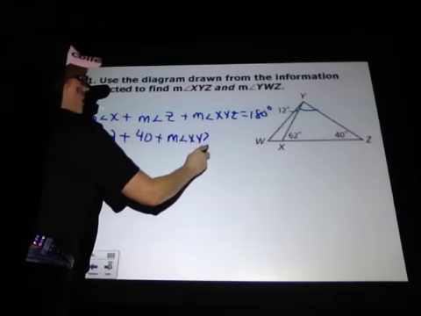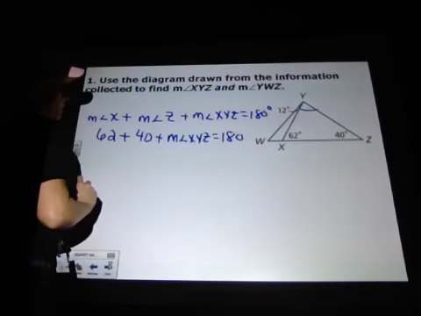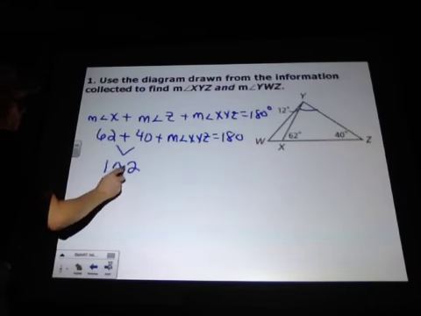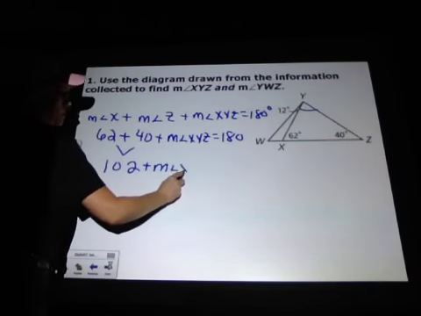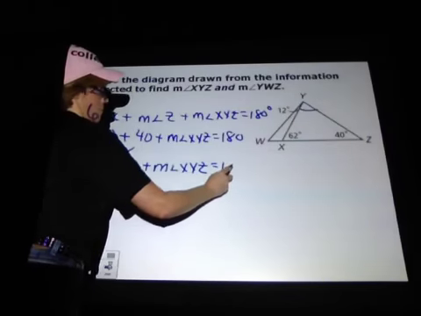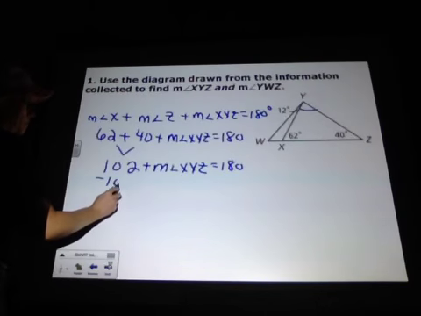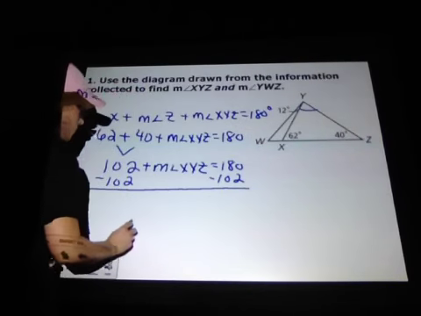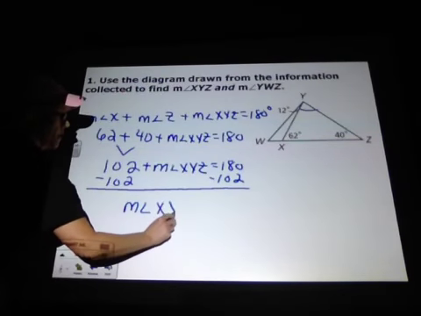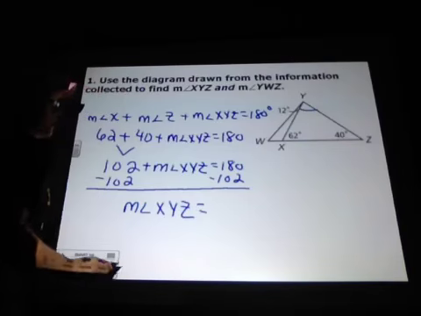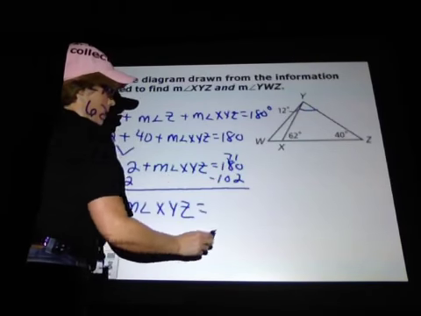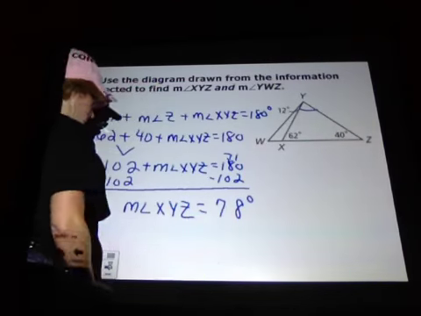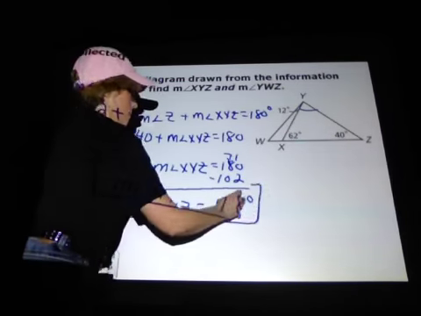In the angle we're trying to find, simplify the left side of this equation. So the measurement of angle XYZ is going to be 78 degrees.